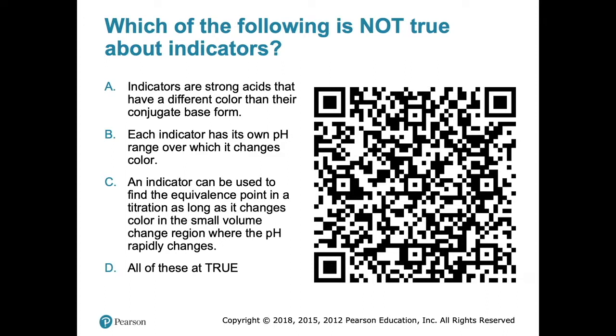So what do we think the answer to this one is? Yes, that is exactly right. It is A, because indicators are definitely not strong acids, they're weak acids.